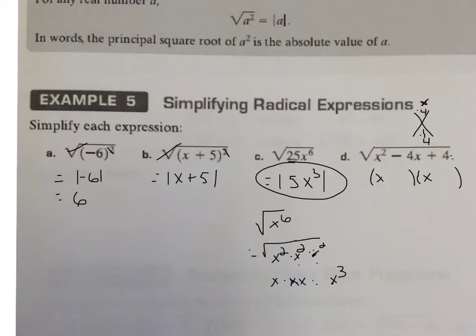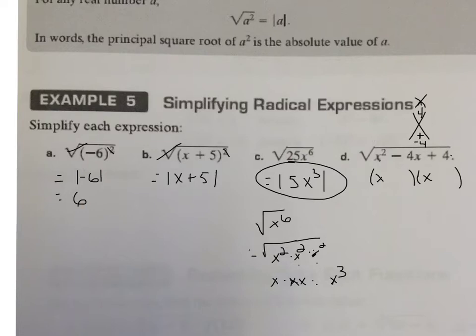Multiply to 4. Let me redo this. They got to multiply to 4 and add to -4. So two numbers that add to -4 and multiply to 4.